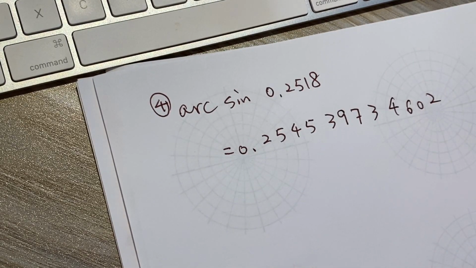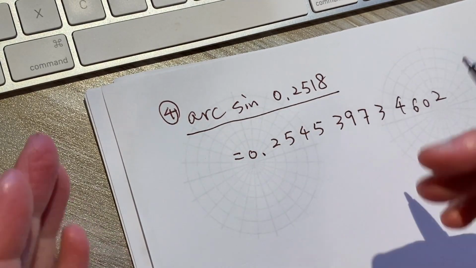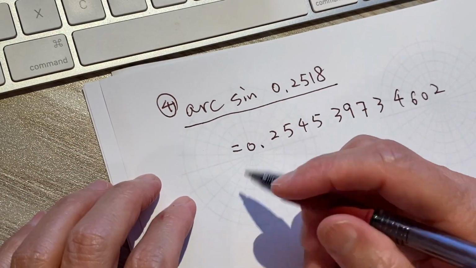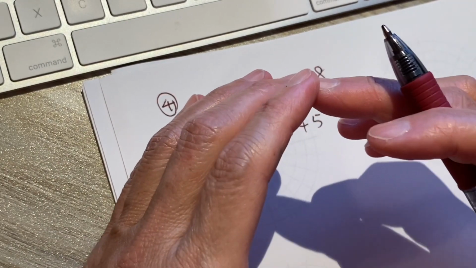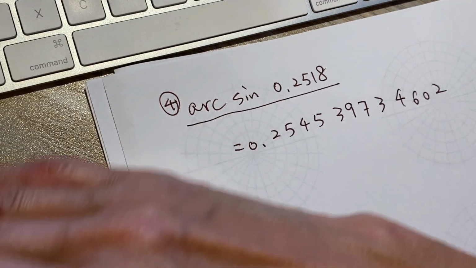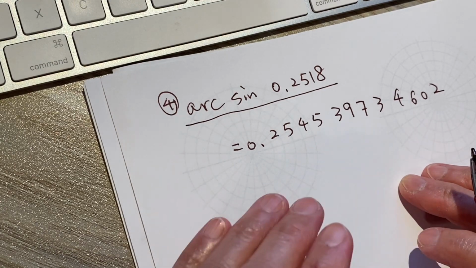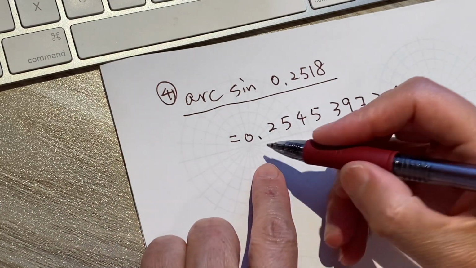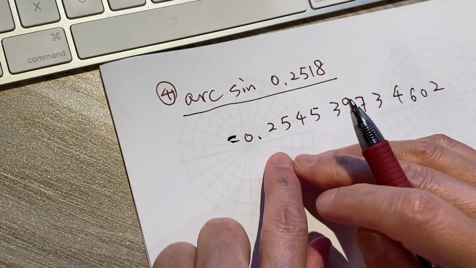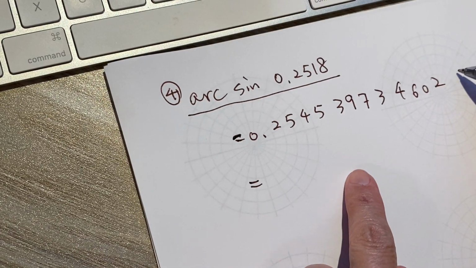The teacher didn't tell us whether this is in the first quadrant, second quadrant, or only one time within 2 pi, or completely rotating. Usually teachers want to give us trouble. So I want to figure out how many degrees this is. This is a radian.